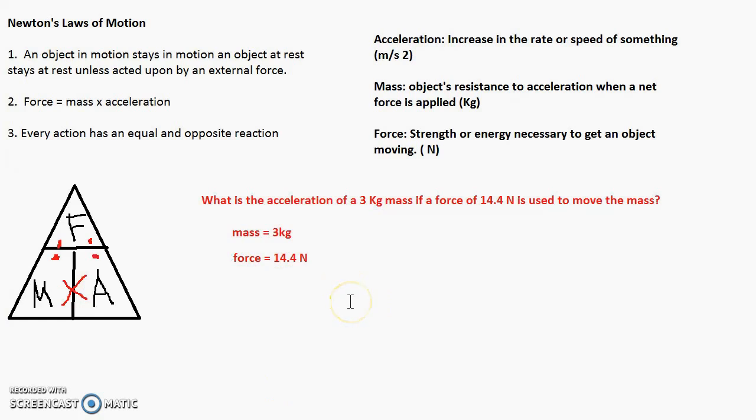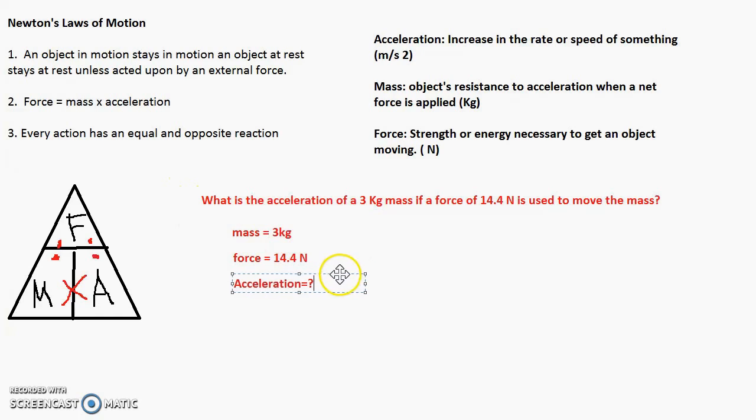What we don't know is the acceleration. So we're going to just put that as a big question mark in this instance. So I'm just going to say acceleration and write a question mark. And you should do that as well.